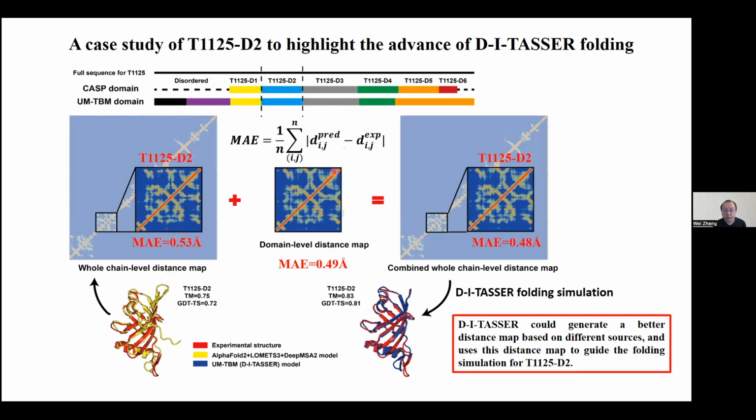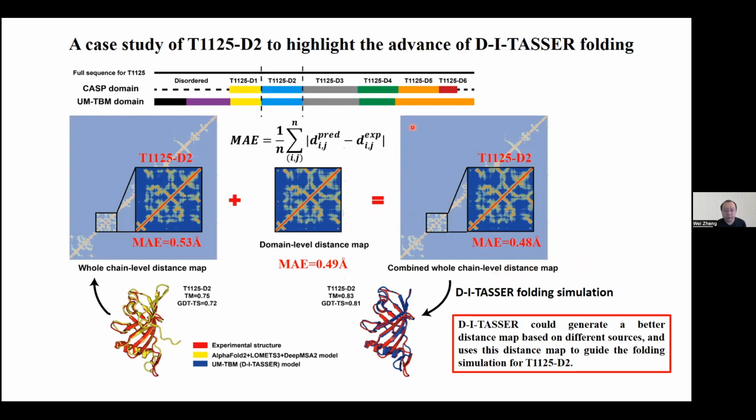However, because the domain level MSA contains more homologous sequences, the domain level distance map has a relatively lower predicted distance error. Furthermore, the I-TASSER folding simulation has the ability to combine the whole chain distance map and the domain level distance map, resulting in an even slightly better distance map with a distance error of around 0.48 angstrom.